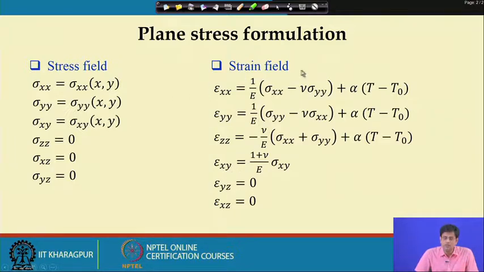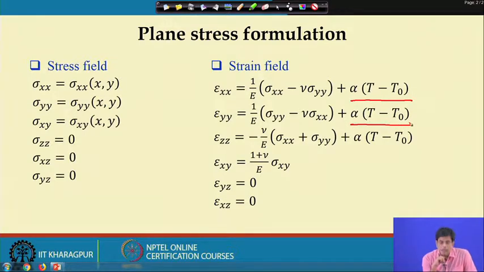Contrary to that, the strain field is: epsilon xx is essentially this part of the deformation due to purely mechanical deformation that we know from our knowledge, and then the thermal part, which is alpha times T minus T 0. And so, epsilon yy is also similar, where nu is the Poisson's ratio and 1 by E, and then the thermal strain part.